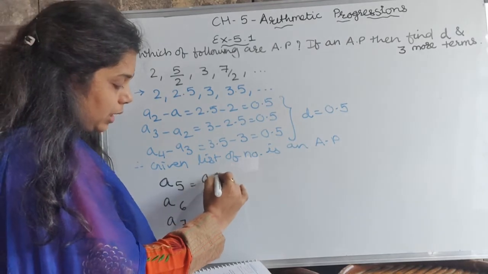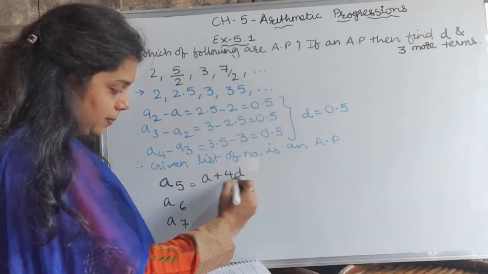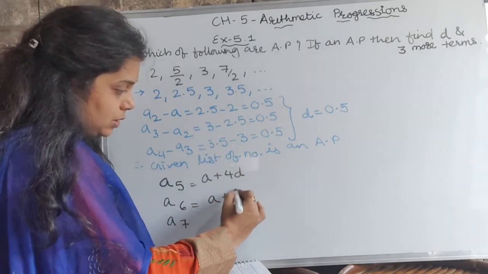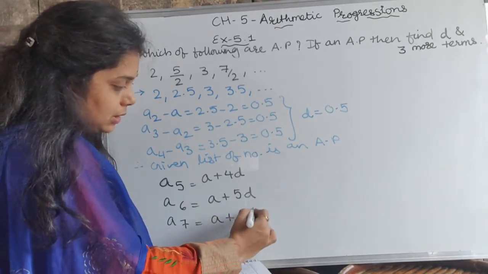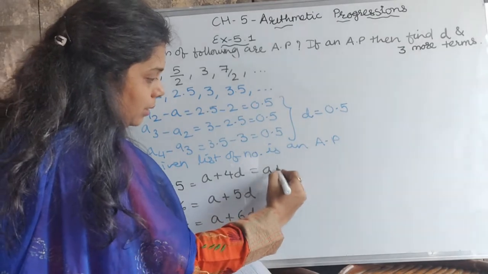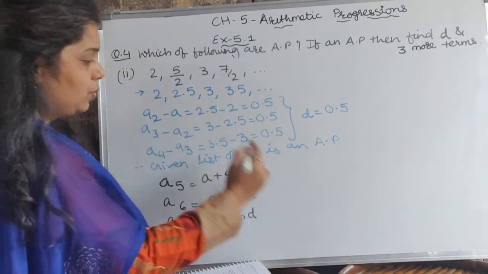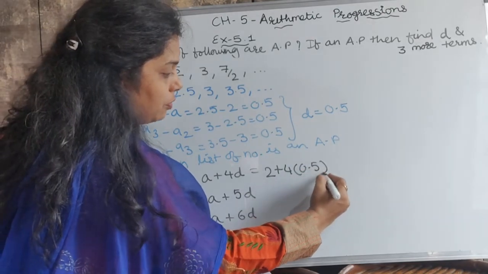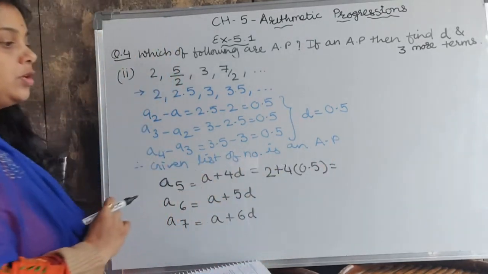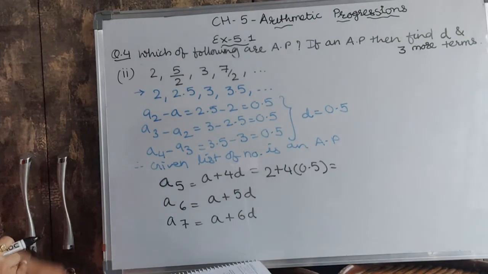A5 is equal to A plus 4D, A6 is A plus 5D, A7 is A plus 6D. A means here it is 2. 2 plus 4 into 0.5. So 4 into 0.5 is 2, and again 4.